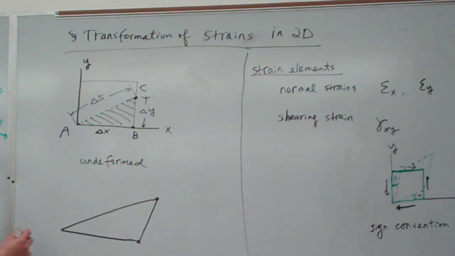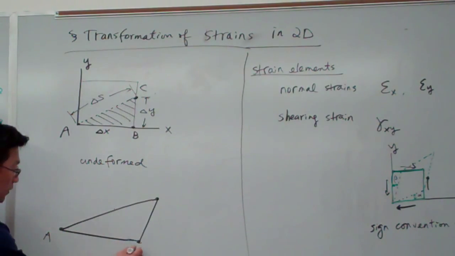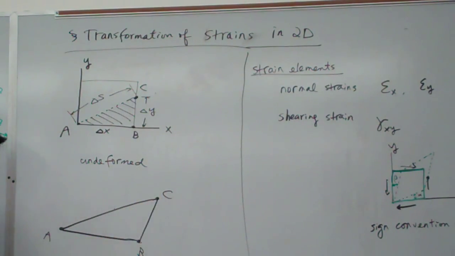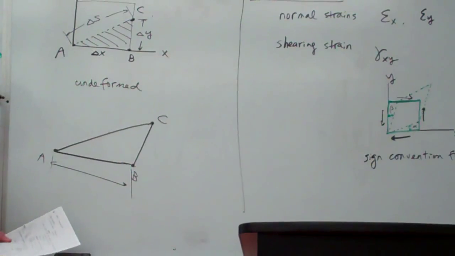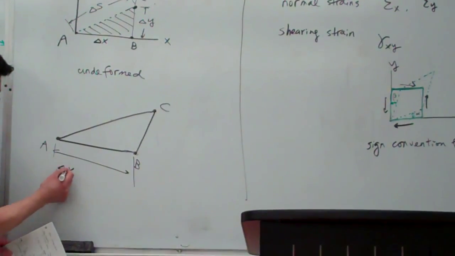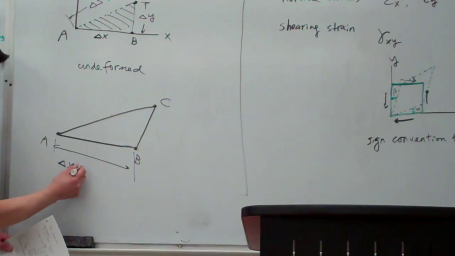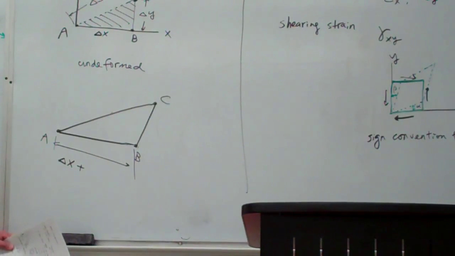Let me only draw the triangles. A, B, C will be displaced, and this length becomes delta x, the original length, plus deformation.